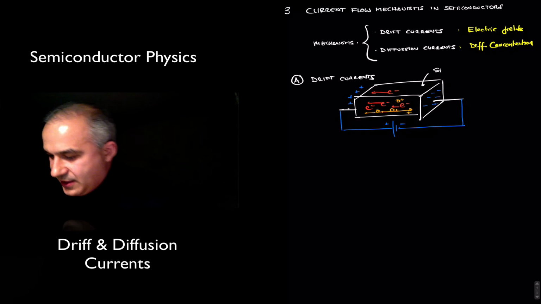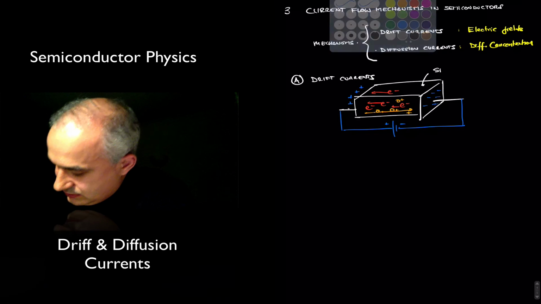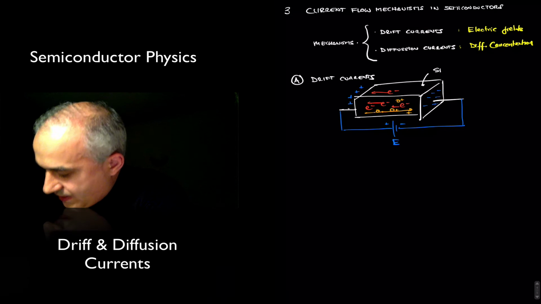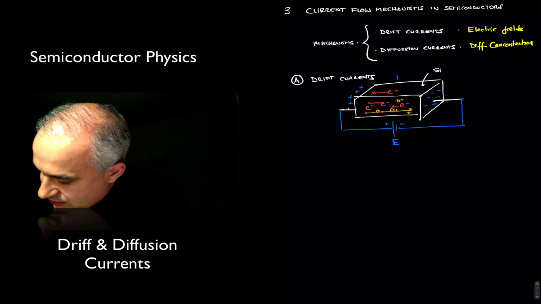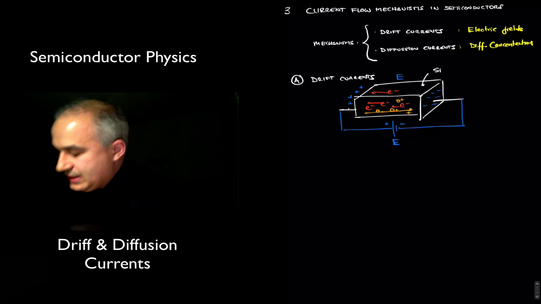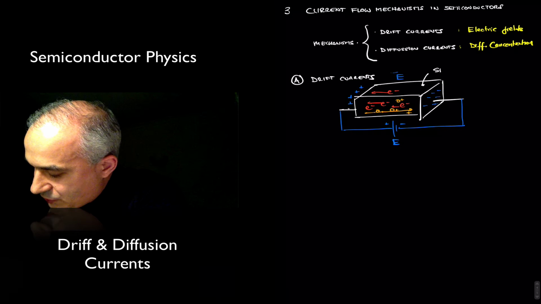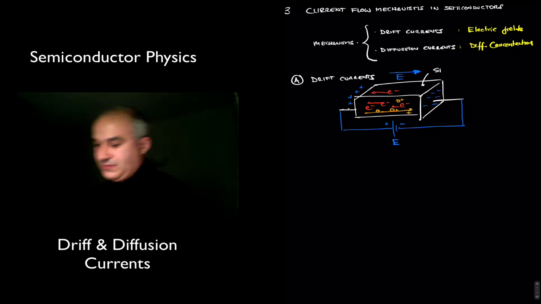Now, this electric field, our convention is that the electric field points in the direction that a positive charge will move. So the electric field is pointing this way, in this case, right?